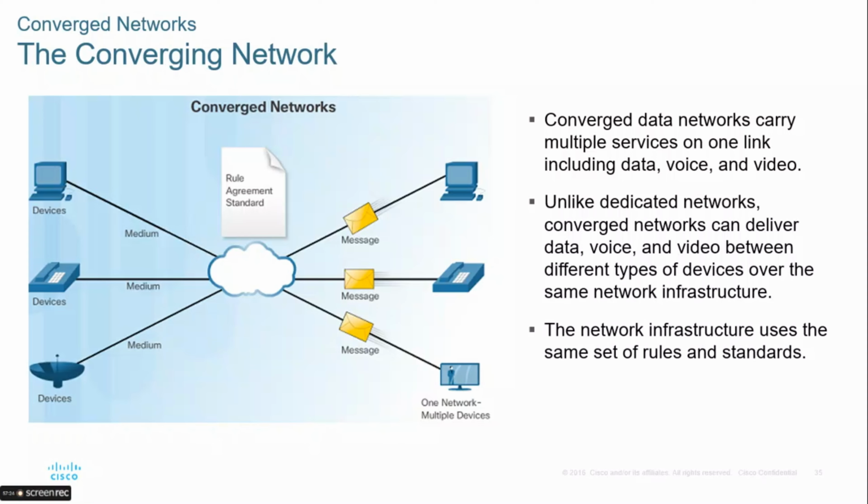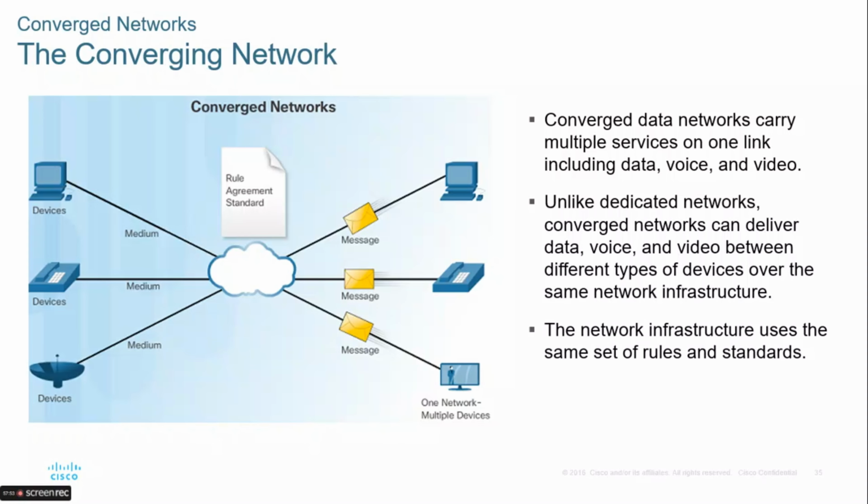That's what you should understand. Unlike dedicated networks, converged networks can deliver data, voice, and video between different types of devices over the same network infrastructure. So converged networks save time in transmission compared to dedicated networks where every kind of data is separate. The network infrastructure uses the same set of rules and standards.